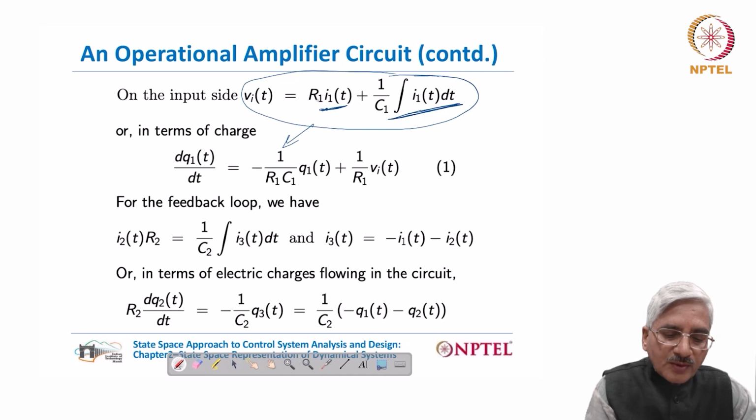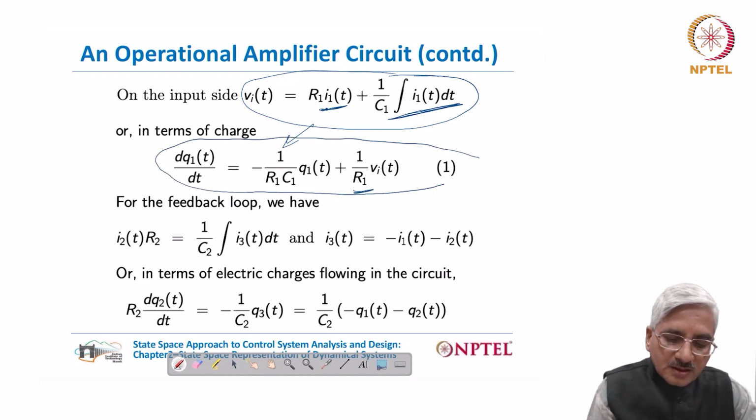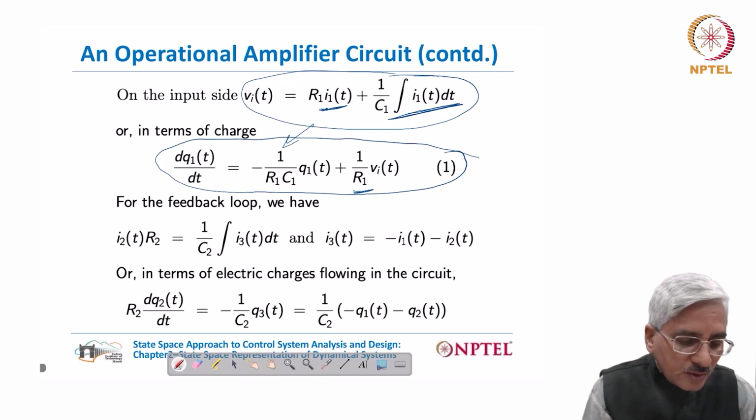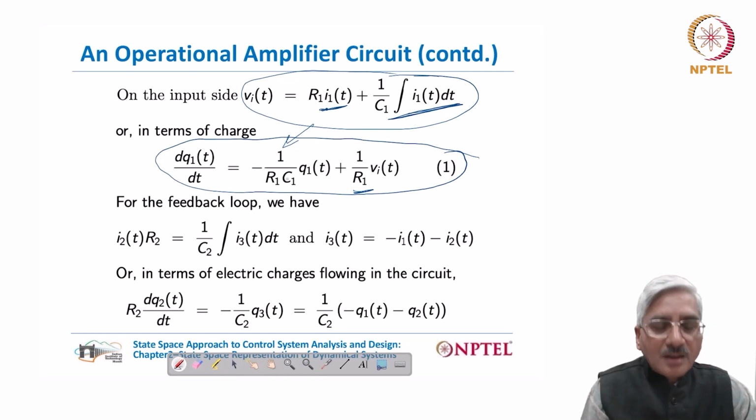When we divide by R1, it becomes 1 by R1 C1, and the integral I1 dt is equal to Q1. And Vi also gets divided by R1. So we get the first differential equation describing the circuit, which is dQ1 by dt is equal to minus 1 by R1 C1 Q1 plus 1 by R1 Vi.